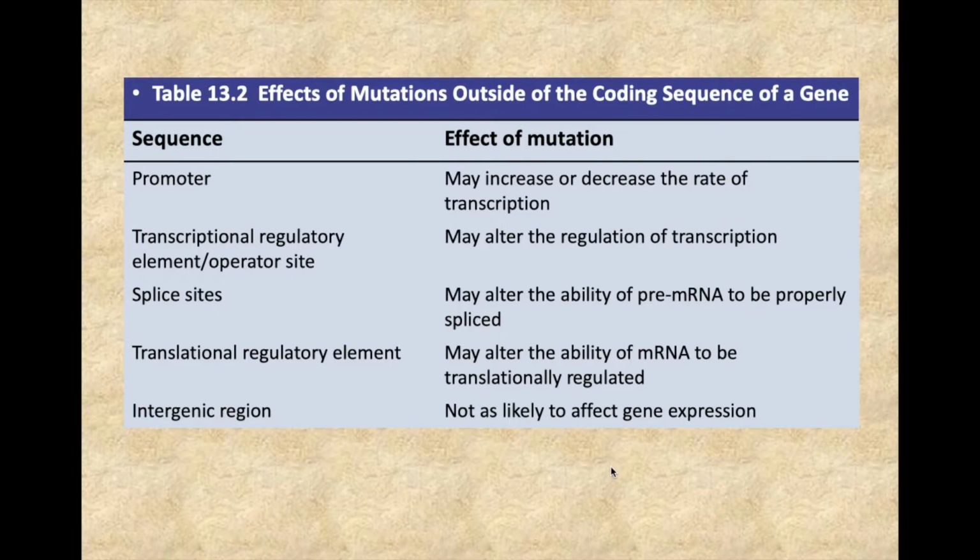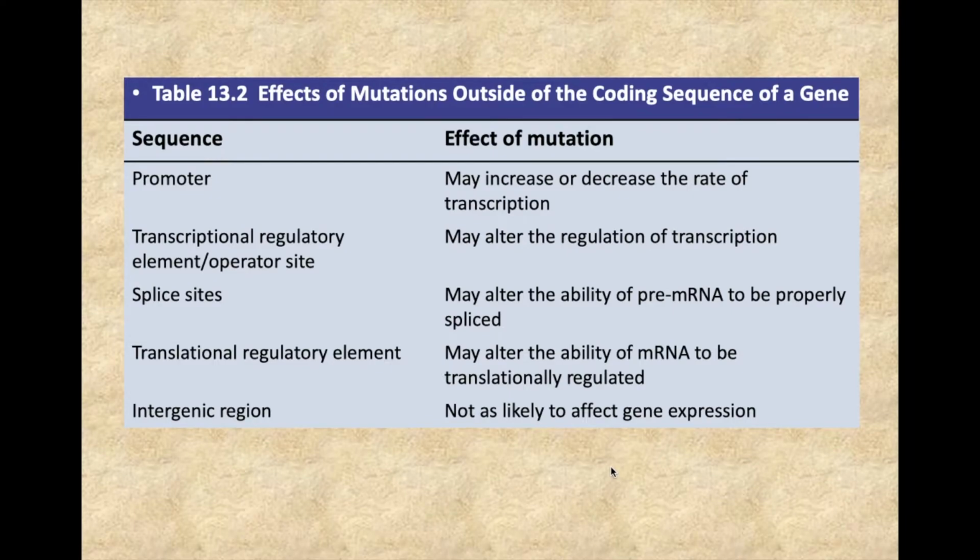There are introns, intervening sequences, that must be removed and exons spliced back together. And if we mutate those splice sites, we may mess up the ability of that pre-mRNA to be spliced into a final functional mature messenger RNA.